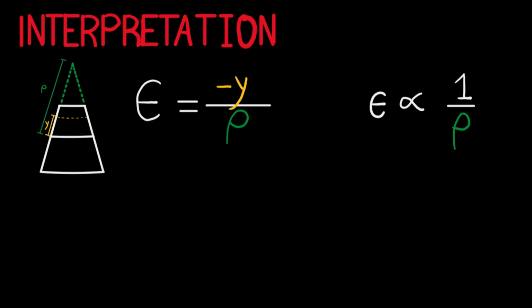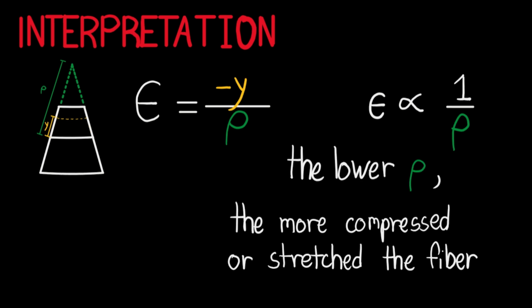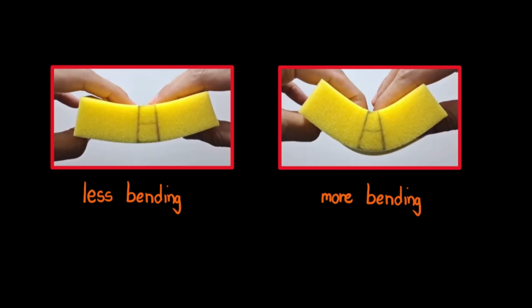Lastly, epsilon is inversely proportional to rho. This means the smaller the radius of curvature rho, the more compressed or stretched the fiber becomes. To visualize the interpretation, let me show you this. See side by side.